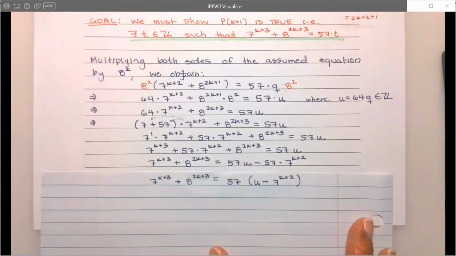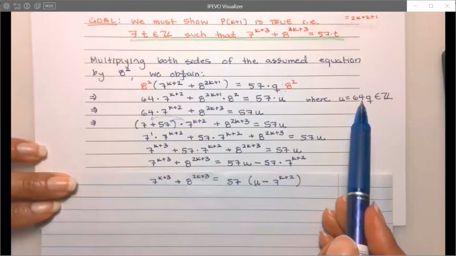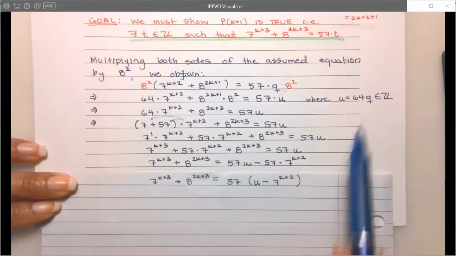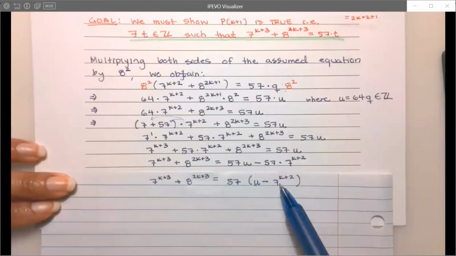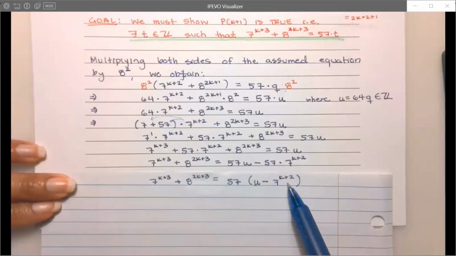And what's nice about writing it this way is that we know this is an integer, right? u was 64 times q, so it's an integer. And then 7 to some integer power, because k we know is an integer as well, a non-negative integer, is also going to be an integer. So if we take the difference of the two, we're going to get an integer result.